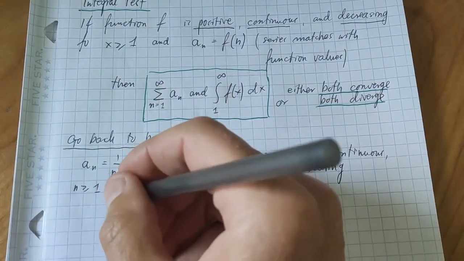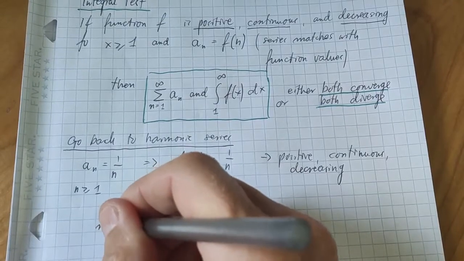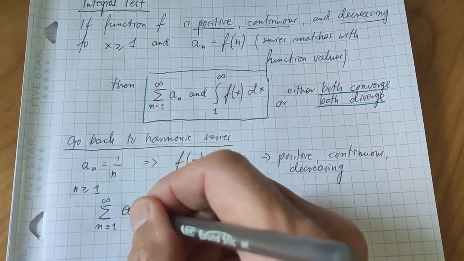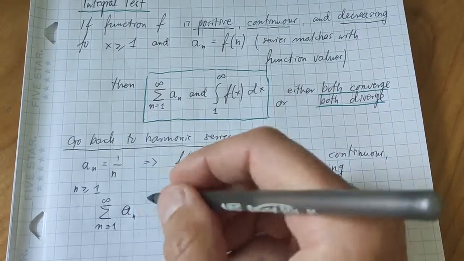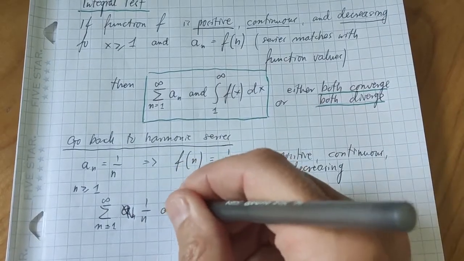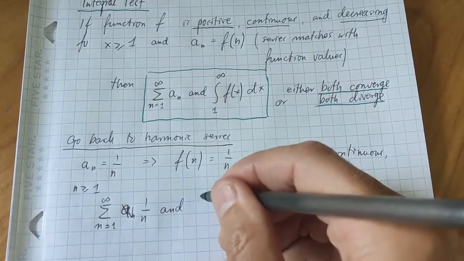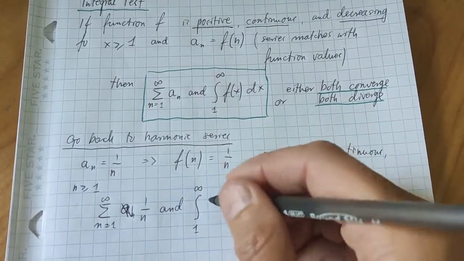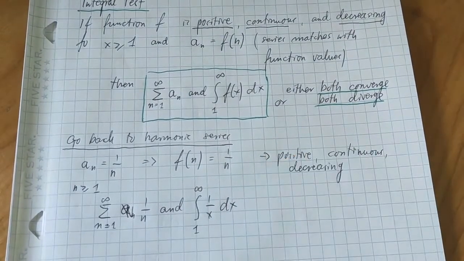So I have that sum from 1 to infinity of a sub n, now let's just write 1 over n, and I have that improper integral from 1 to infinity 1 over x dx.